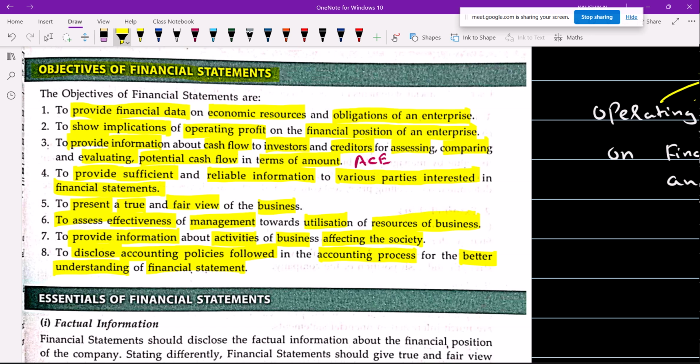I hope there is no doubt for anyone in these 8 points. It is very clear and self-explanatory. Yes, sir. Okay, fine. I am giving you a minimum of 3 to 4 minutes or a maximum of 5 minutes, not more than that. Make sure you understood all the 8 points. If there is any doubt or if you want me to reteach any of them, I will do it.